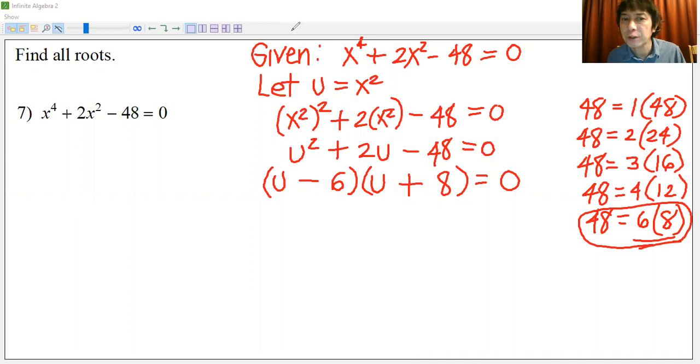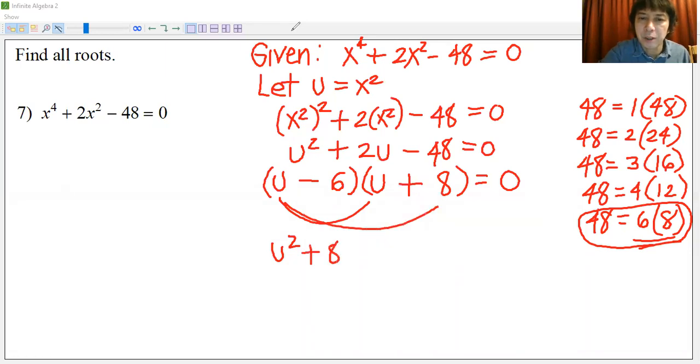And you can always check this by multiplying these two to verify the factors are correct. Now, how do you check? You can always multiply. U times U, U squared; U times 8, that's positive 8U. And then you multiply it here. Negative 6 times U is a negative 6U.